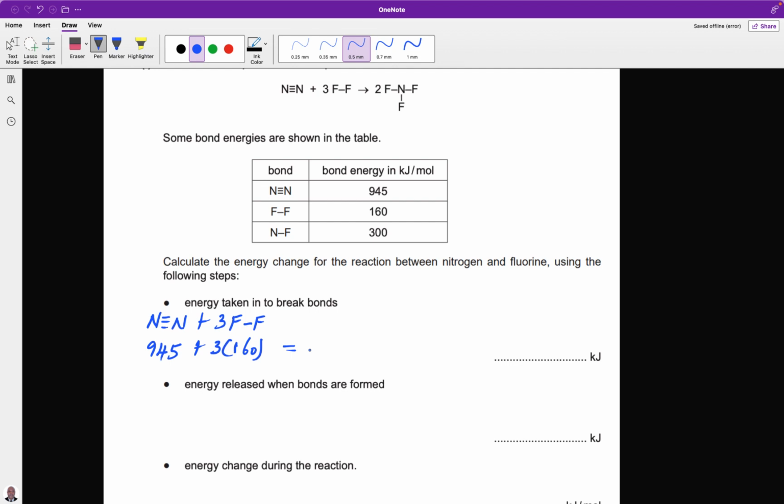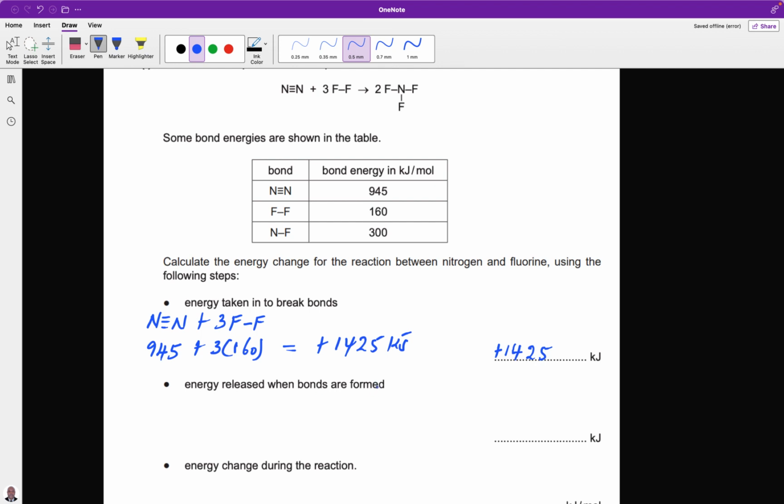Endothermic, and that is a positive value. We will have a plus 1425 kilojoule.